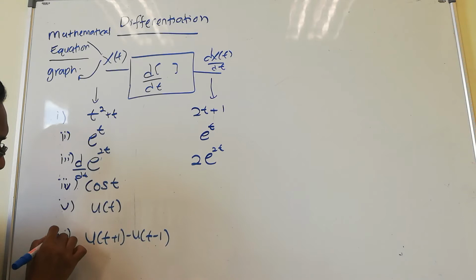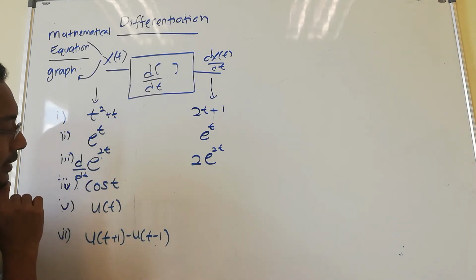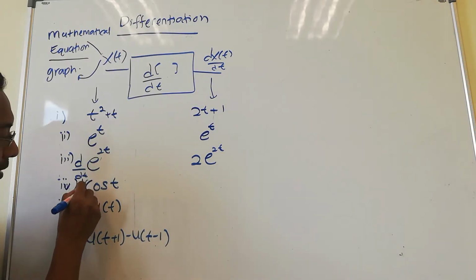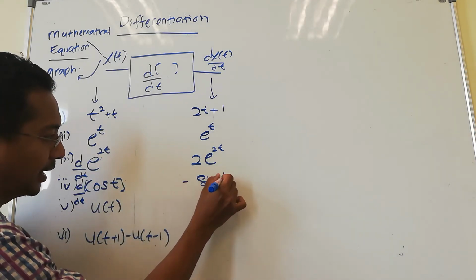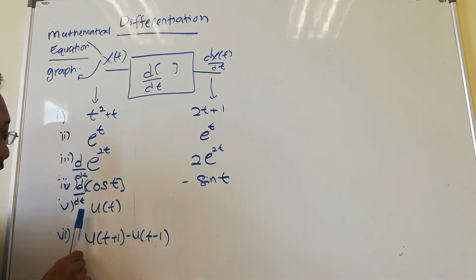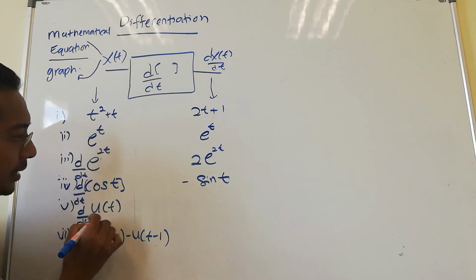If we have x(t) as cos t, we know the differentiation of cos t will give you negative sin t. And this one is very important. This is a general function, what we call the identity for differentiation that you need to know. When we differentiate du(t)/dt, we will get the impulse function.